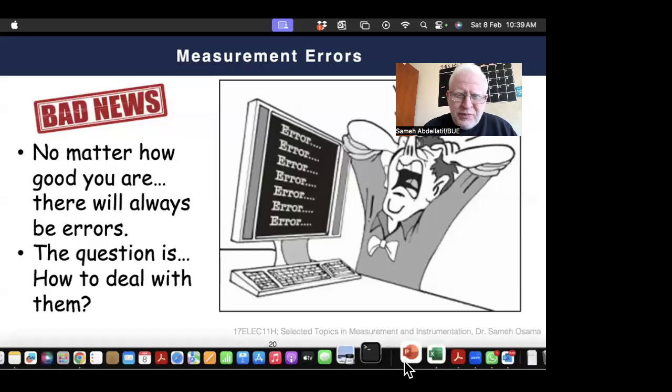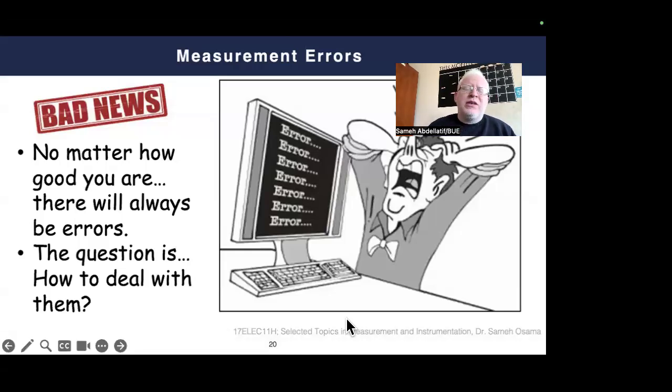Today, as a second part of this chapter, we are going to demonstrate a very important and essential topic in the field of measurement, which is the measurement error. So let's start this presentation, which is a continuation of our previous presentation under measurement errors.